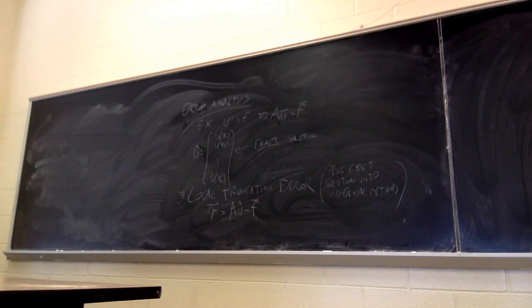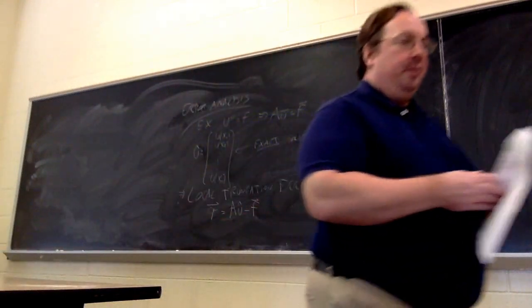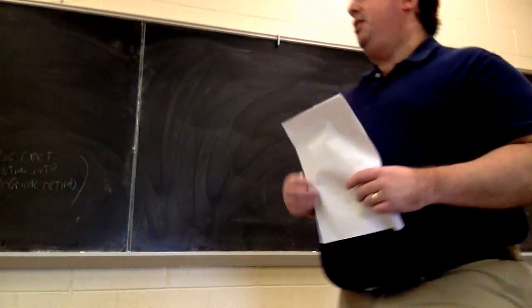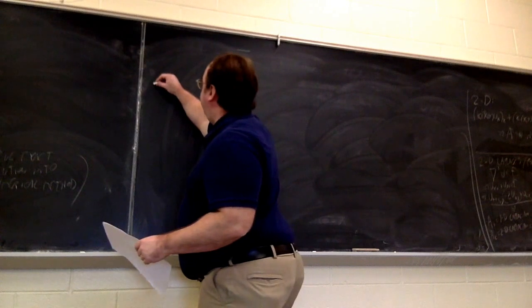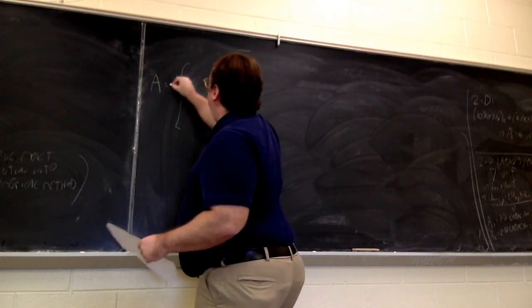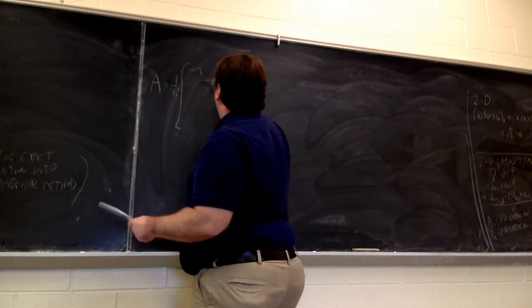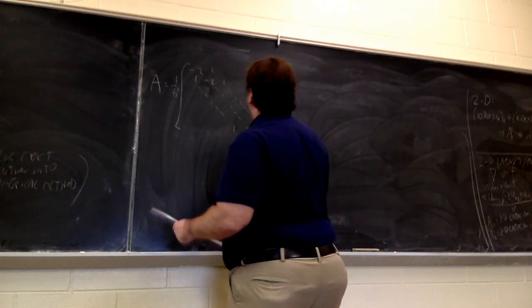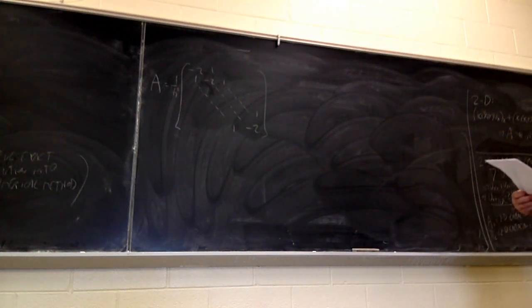Now, the way we can try to assess the size of a local truncation error is using Taylor expansion. So that's what I'll do in this case with this example of Poisson's equation. In the case of Poisson's equation, our A is 1 over h squared times this tridiagonal matrix for the centered difference second derivative stencil.